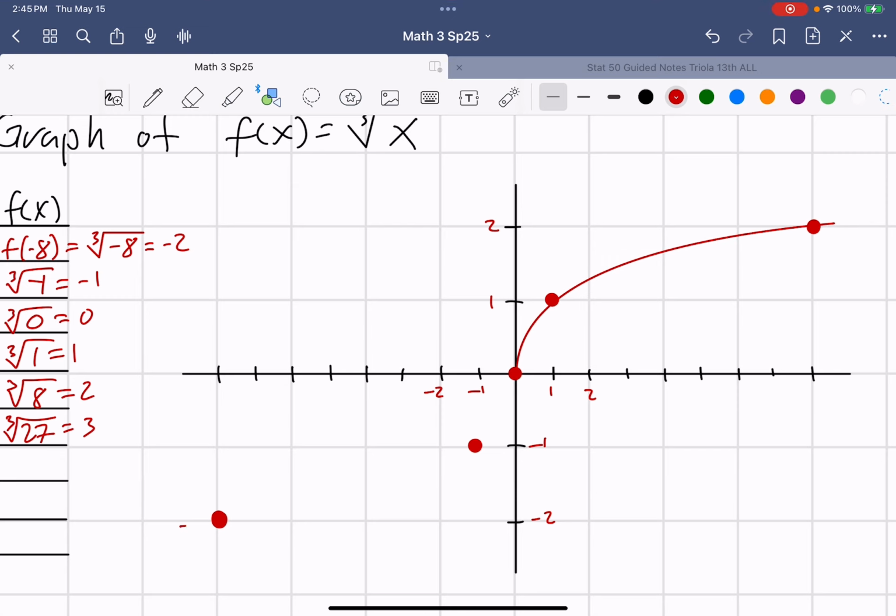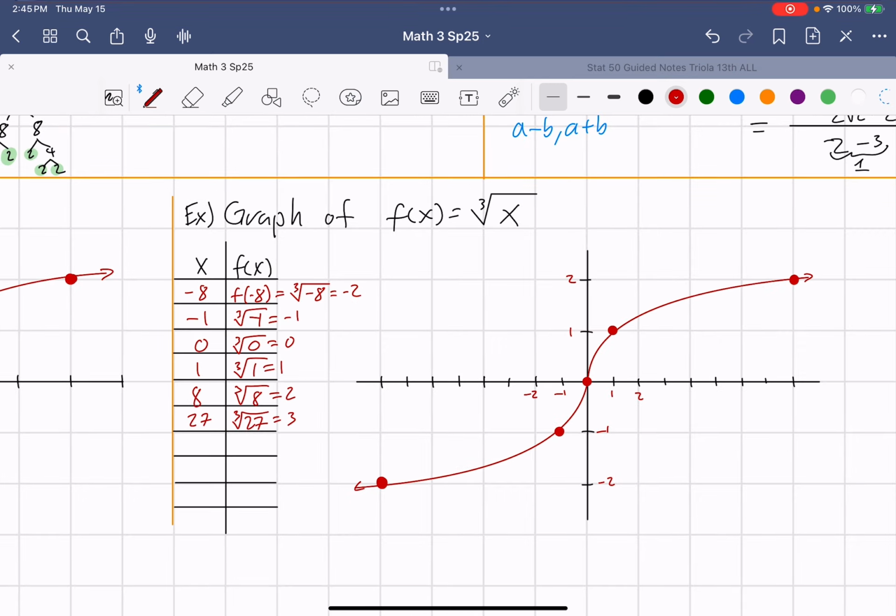There, and then I have another one here following that similar shape, and this is what cube root of x looks like. So it kind of looks like a very stretched out S.